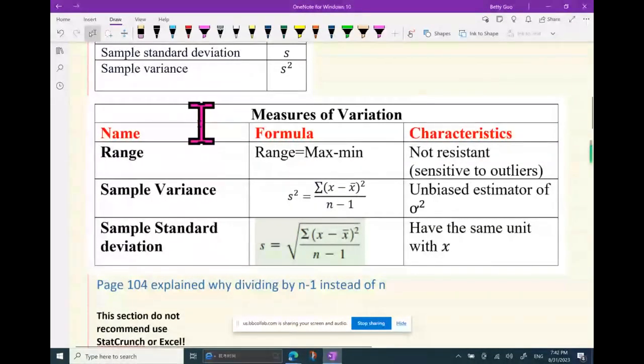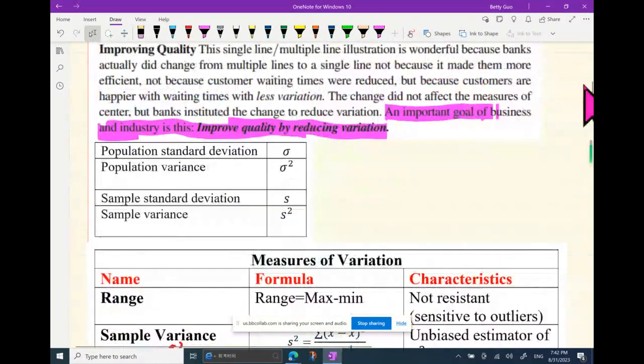Okay, so the second measure of variation is a sample variance. Sample variance. The notation for sample variance is S-square. When we talk about sample variance, we need to know a similar concept is called a population variance.